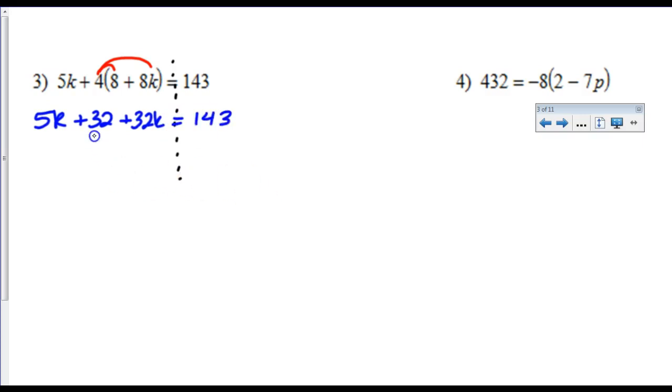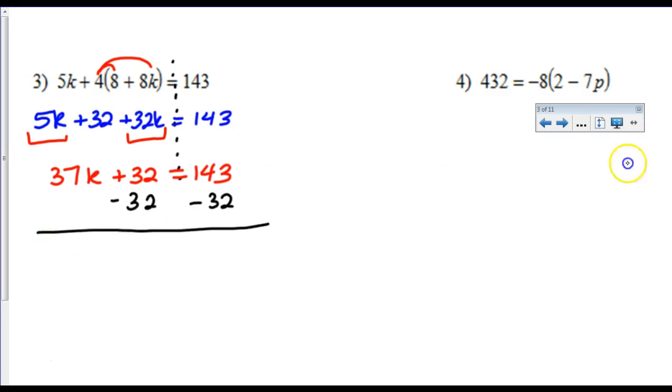So on the left side, I need to collect my like terms. 32k and 5k added together is really 37k. This plus 32 is just going to stay there for now. And now we're going to move it. So isolating all the k's, which means this 32 is going to move to the right side. So we're going to subtract 32.